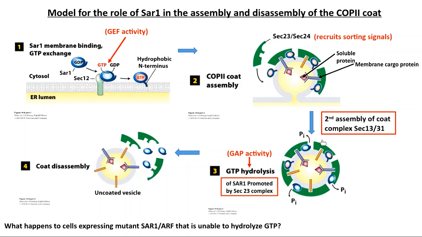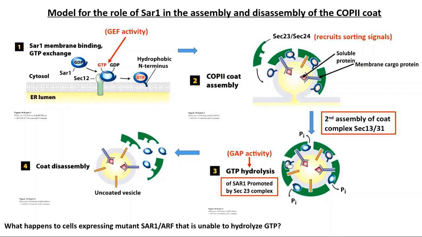Now what happens is that the Sec23 from the Sec23-24 complex initiates a GAP activity. What is GAP activity? GAP activity is basically the hydrolysis of GTP bound to SAR1. So we know that SAR1 now is the GTP version.